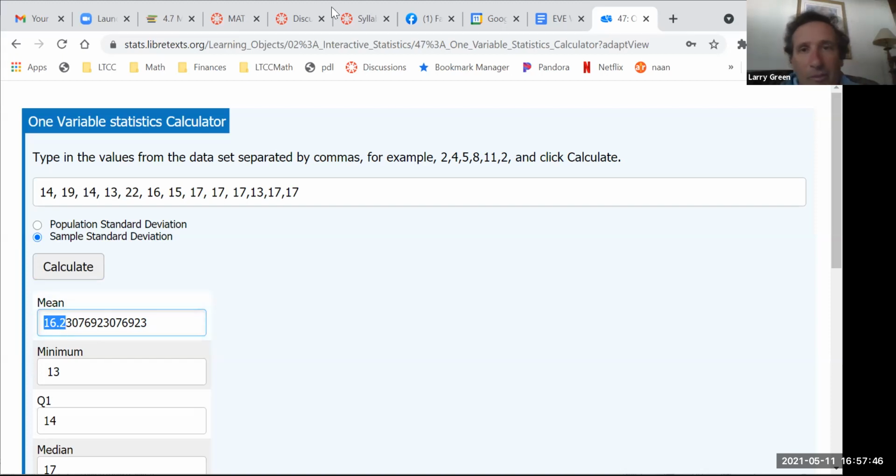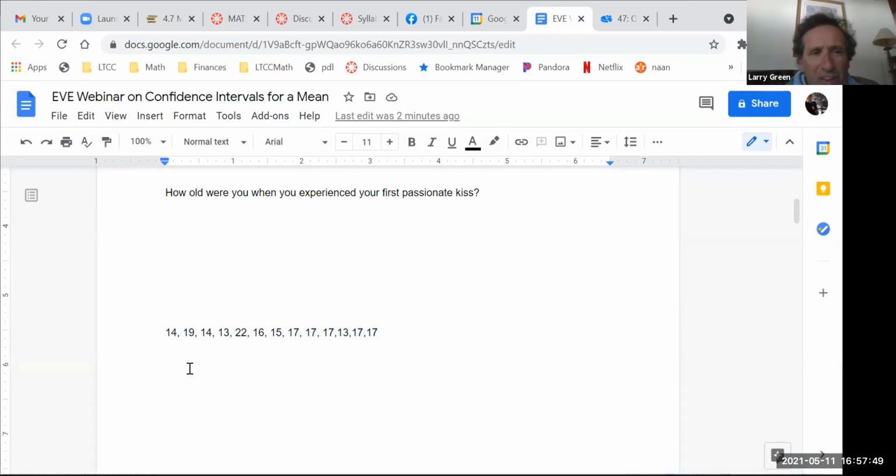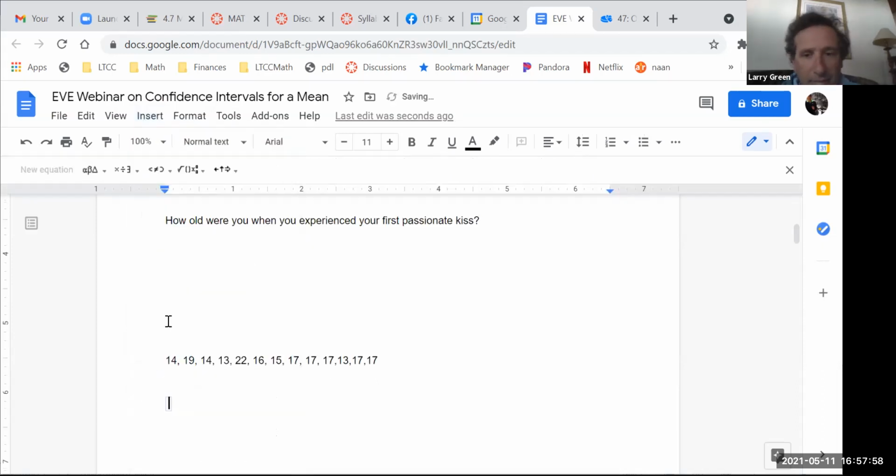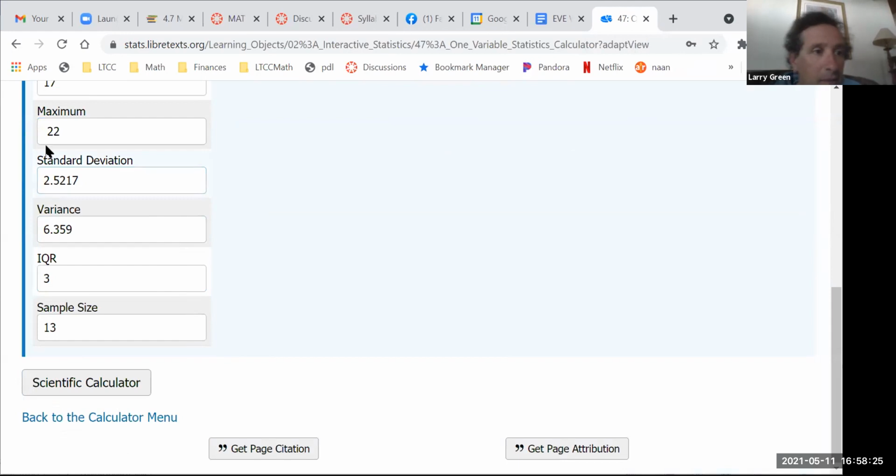Let's write that down. What symbol is the mean, by the way, in this case? What's the symbol I use for the mean? Yeah, this is the X bar. Takes a moment to make the bar happen. There we go. So X bar is equal to 16.2. All right, and then my standard deviation was about 2.5.